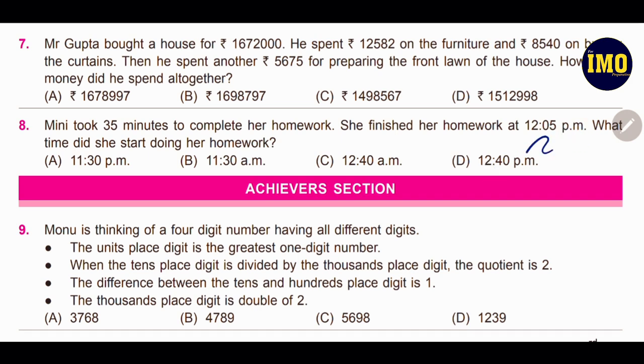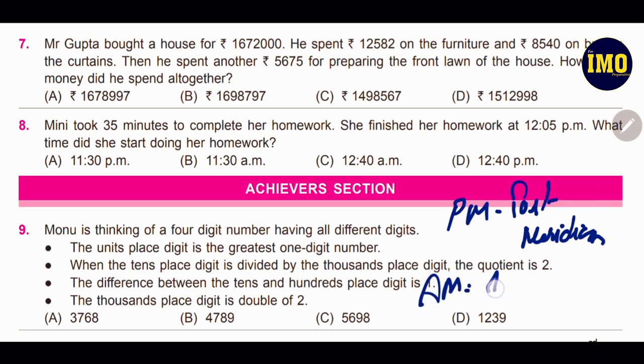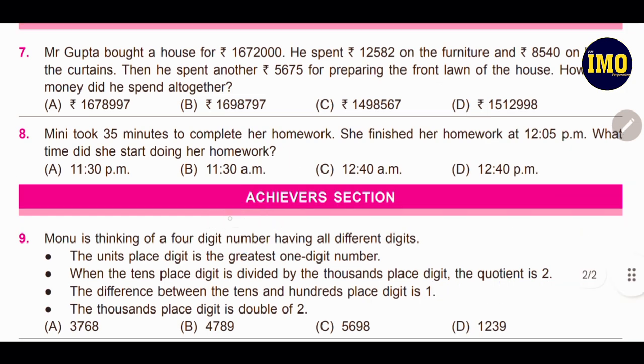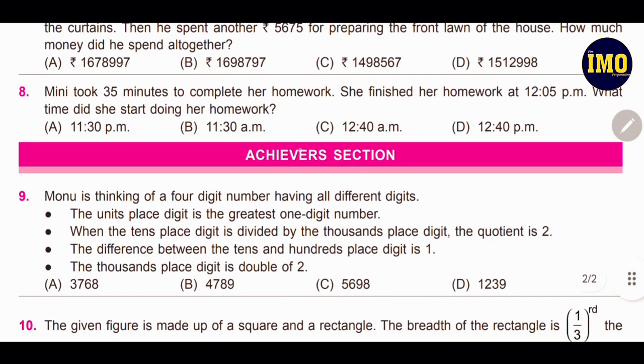So first of all, we need to learn about PM and AM. What is the PM? PM means post meridian. AM means ante meridian. Suppose they start from midnight of 12.